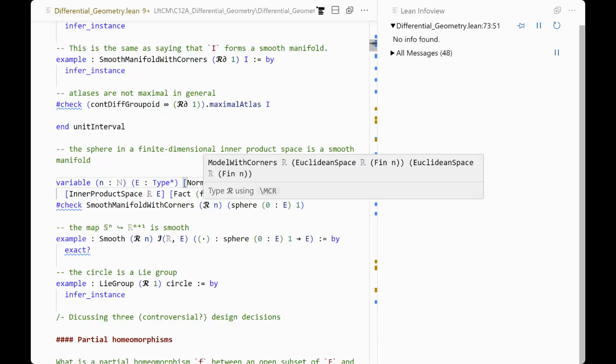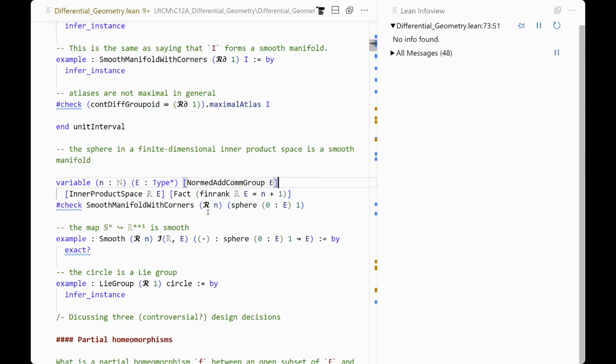And now the model space is this Rn, which is just a full model space. So it's modeled in this case over R to the n. And then we also have things like, for example, the inclusion map from the sphere into E is smooth. I'm using quite a magical definition here.